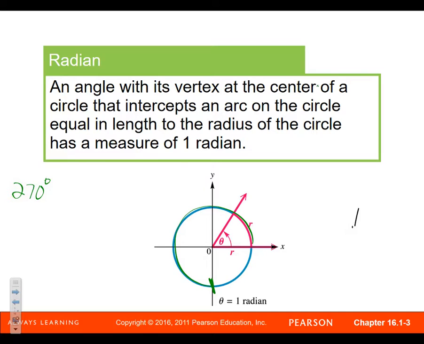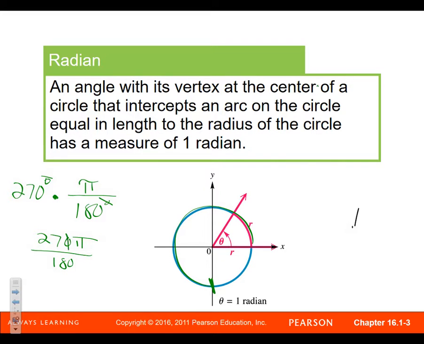So here's where the magic happens. 270 degrees. How many degrees in pi radians? There's 180 degrees. Notice I want these to cancel, and there's pi radians in that. So I'm going to multiply this. 270 pi over 180 is technically the correct answer, except what do I need to do with this fraction? Simplify it.